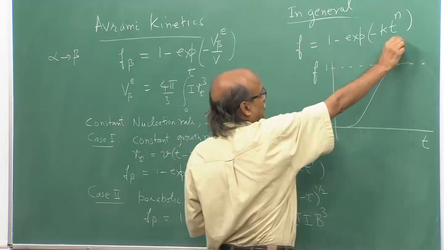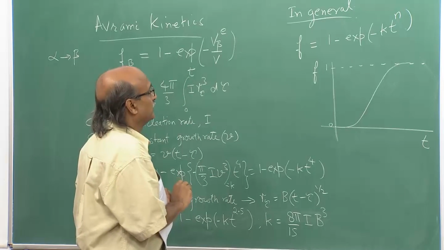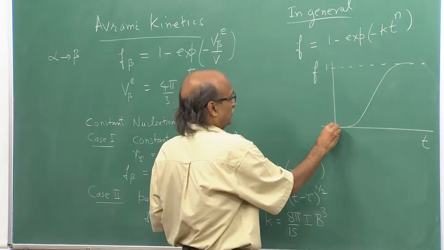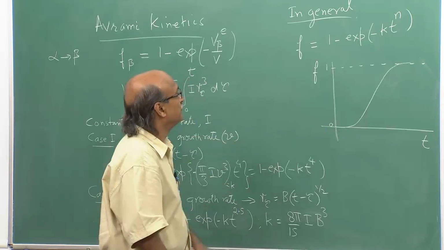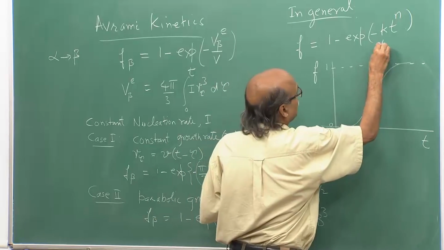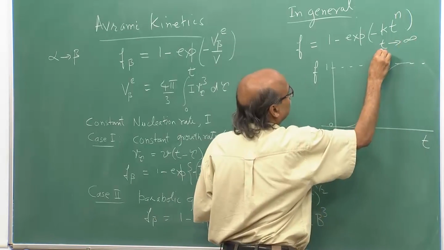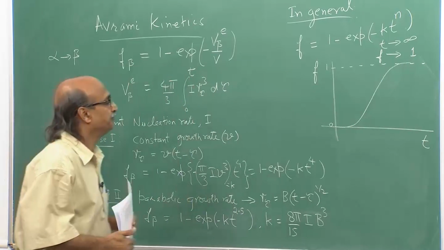Another thing about this function to note is that at t is equal to 0, the fraction transformed is 0 as expected, and as t tends to infinity, the fraction transformed tends to 1.